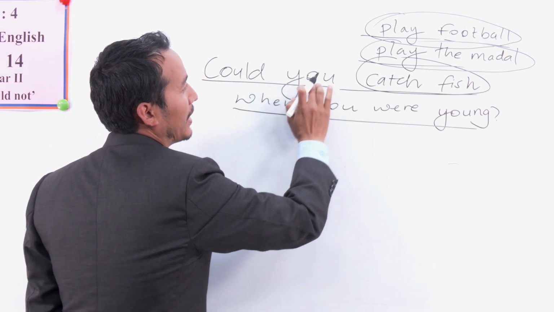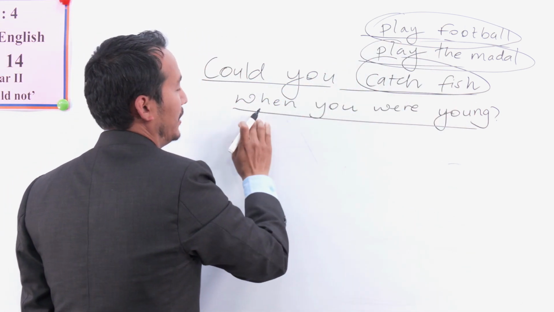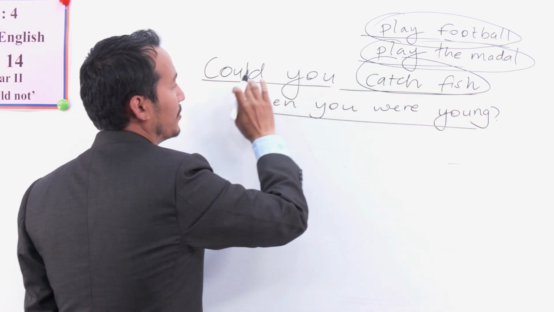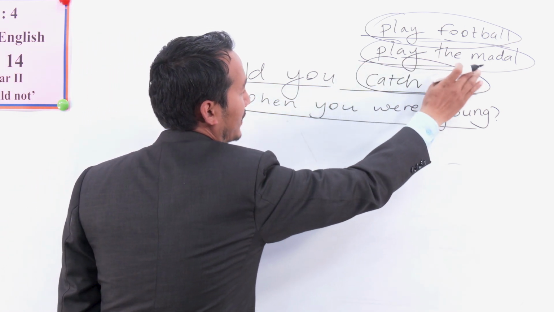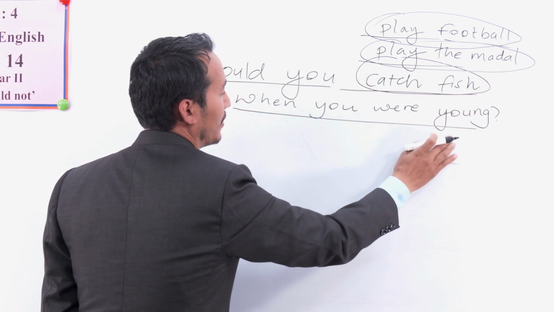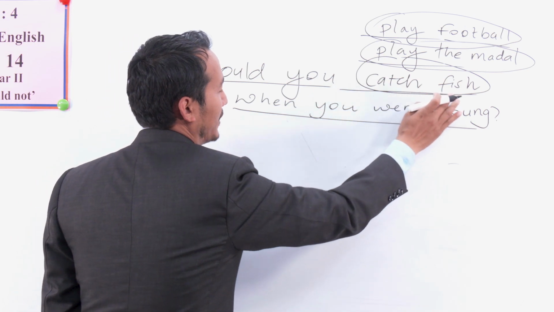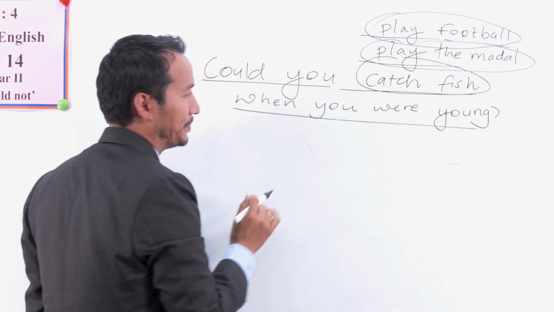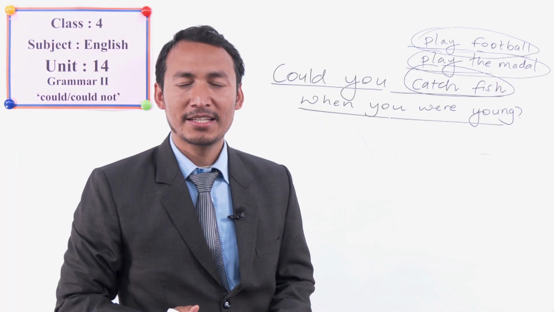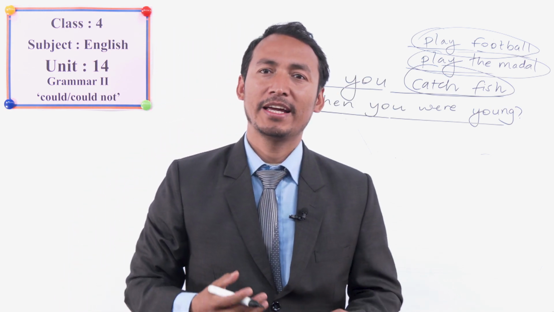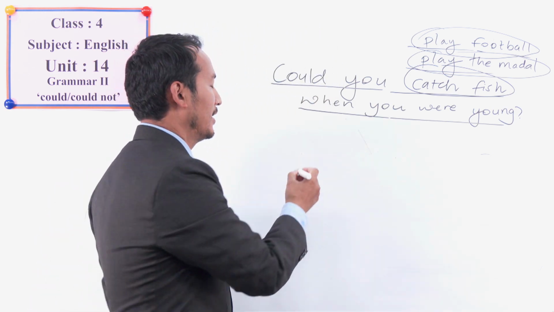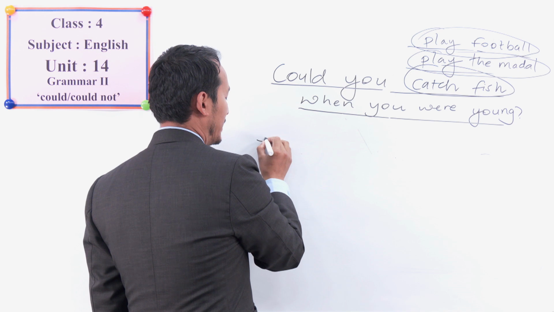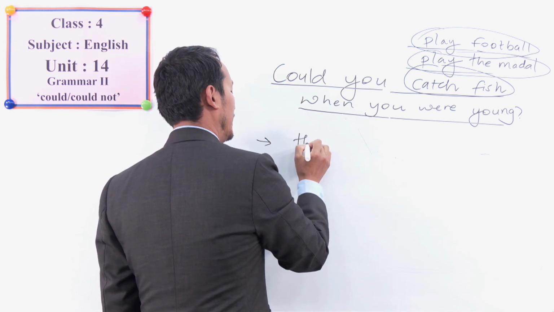Could you play football when you were young? Could you play the madal when you were young? Could you catch fish when you were young? This is how you can ask your grandfather, and you can write after you get the answer.